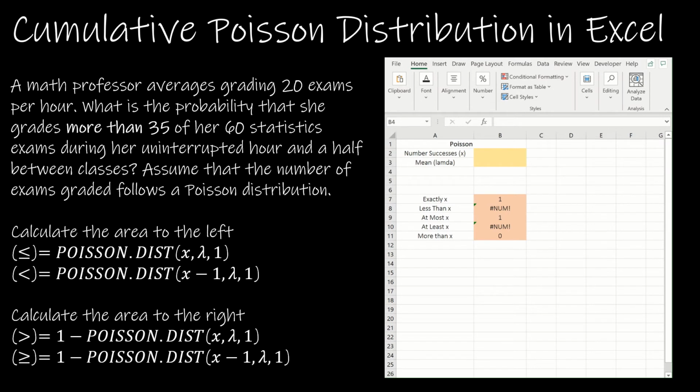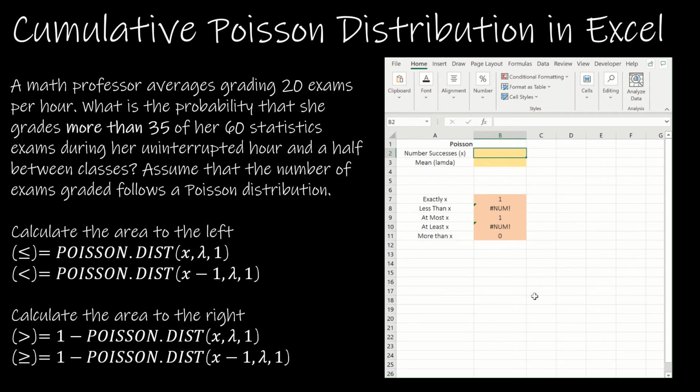Here's another question for us to try, and now we're going to look at cumulative Poisson distributions. Cumulative just means that Excel is going to calculate from the number that you enter for x, from that value all the way down to 1, so to the left. Now, just as we did with the binomial distribution, you can sort of hack Excel to make it work for you.